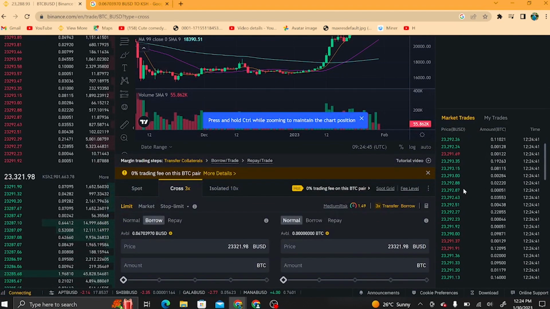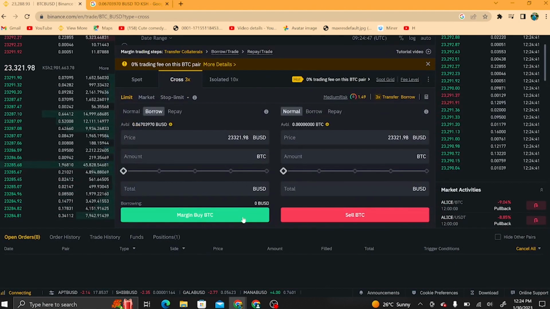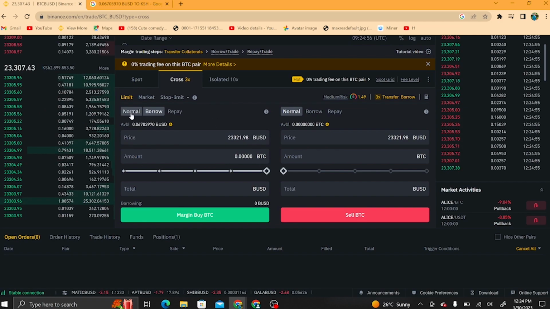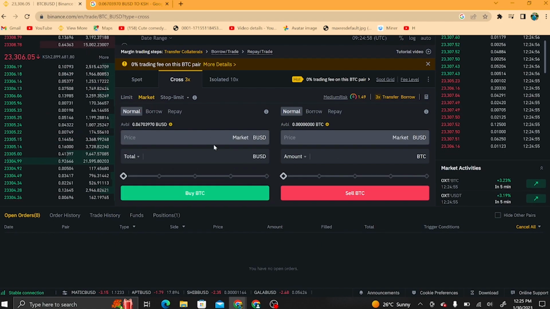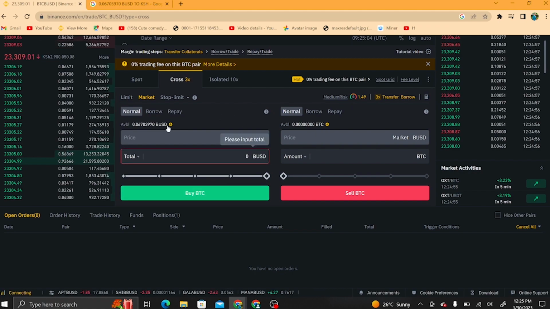You can see I have some balances of BUSD, but they are very small. They cannot even buy Bitcoin. So I'm going to click buy, 0 BUSD right there.